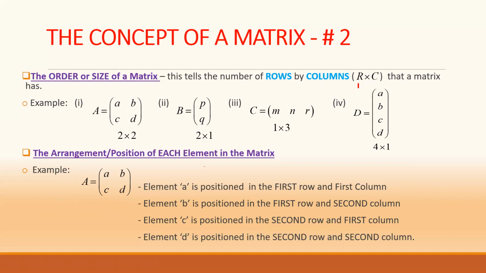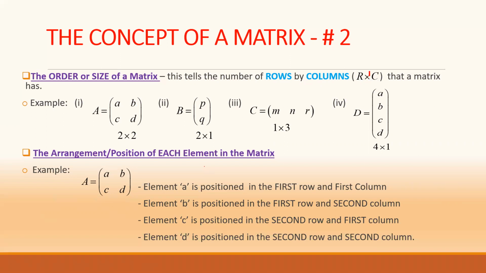So please remember not to read this as R times C, right? That is multiplication, guys. What we're actually doing is representing the order of the matrix. And to tell the order of the matrix, it is the number of rows R by the number of columns, right?